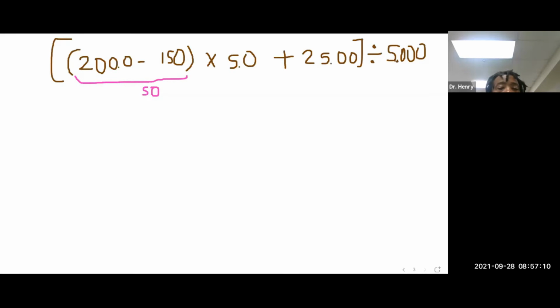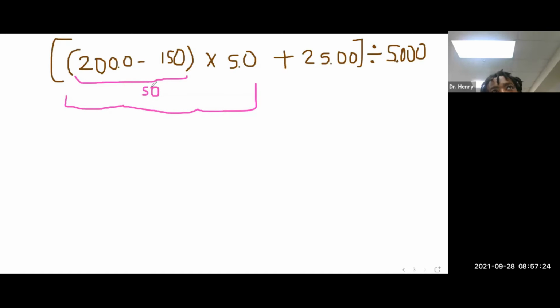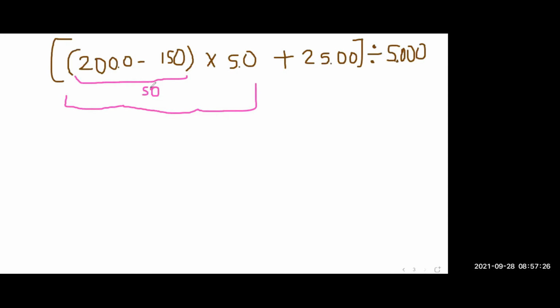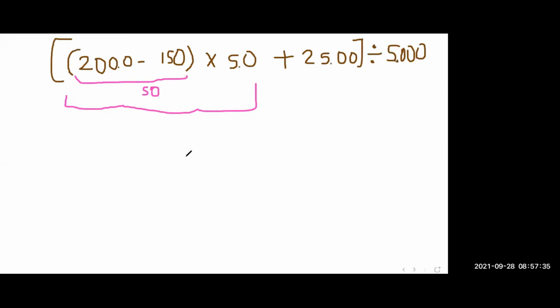50 times 5.0. And how many sig figs should I have? Two. Are you sure? Because 50, how many sig figs in 50? There's one sig fig, right? So if there's only one sig fig, I should only end up with one sig fig.